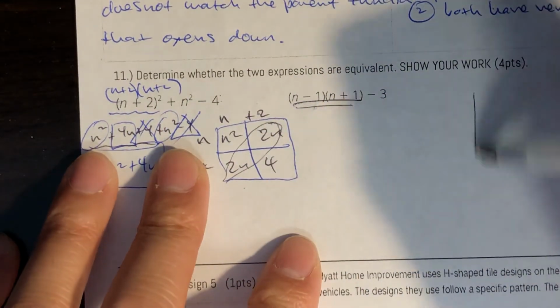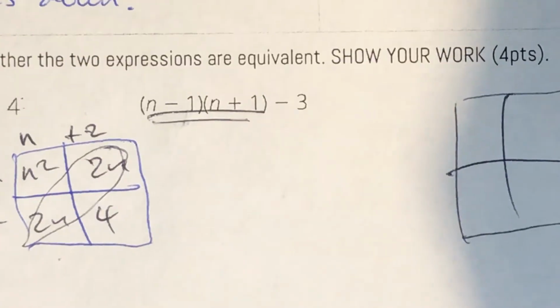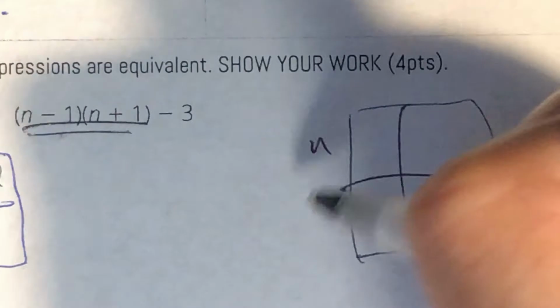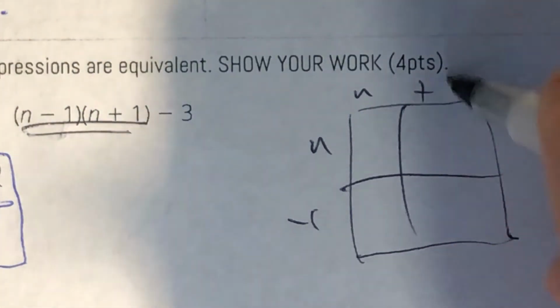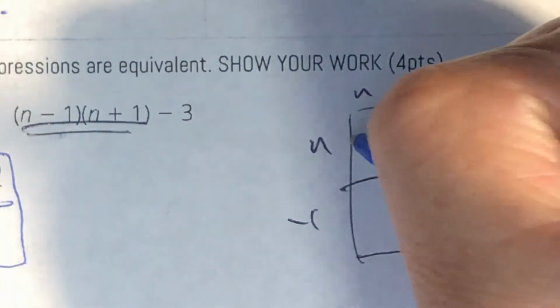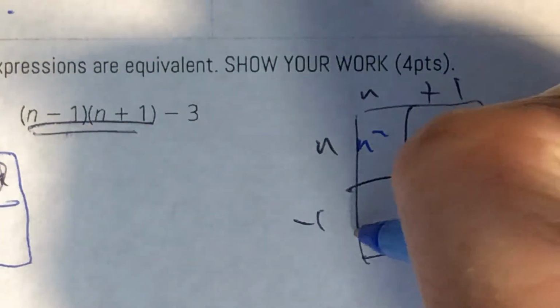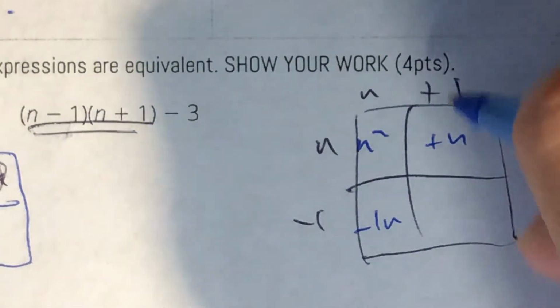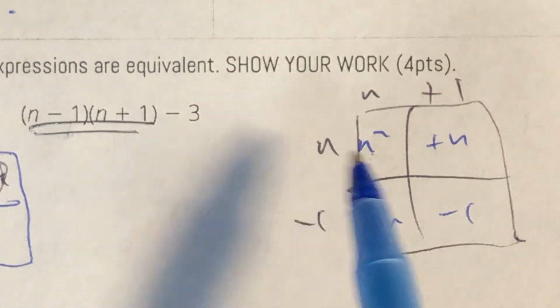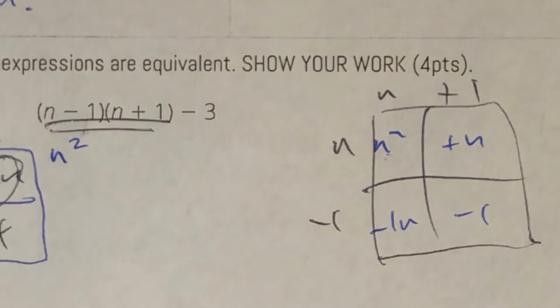So there I'm going to have to FOIL or use a box. N minus 1, n plus 1. Again, we're going to multiply, then we're going to combine like terms. N squared plus n minus 1n, negative 1n. So there's no like terms to combine with n squared.